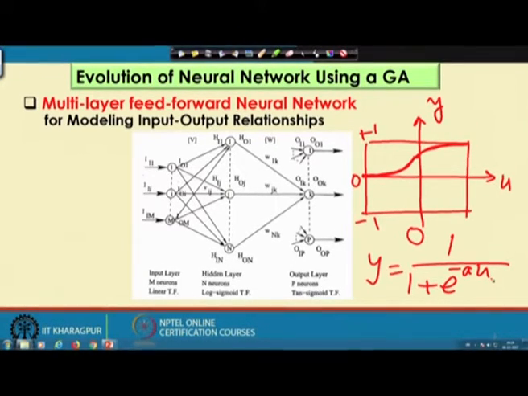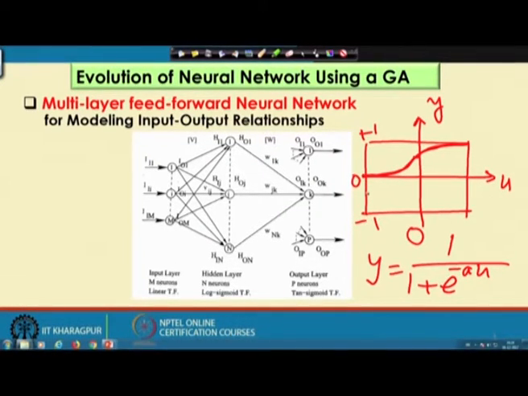This is the mathematical expression for the log sigmoid transfer function. The output will be either 0 or 1 or in between. It will not go to the negative side, because this is the log sigmoid.